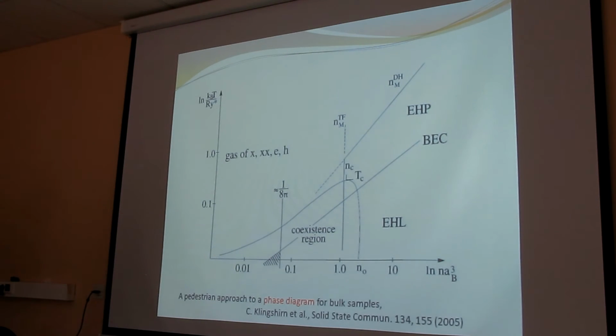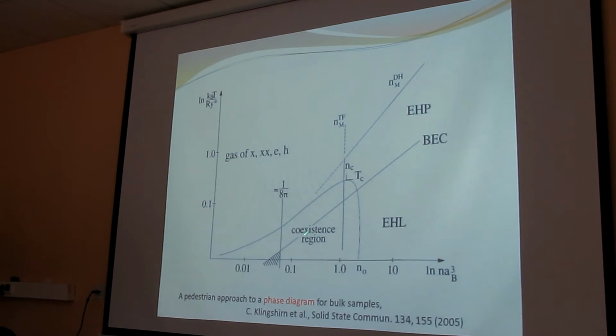And I'm not a theoretician, I'm a pedestrian experimental physicist, and I try to understand why. And this was an idea. This is a function of the density, normalized temperature, what happens in the electron hole pair system. Of course, we can produce excitons at low density, this is fine, but there we do not expect a Bose-Einstein condensation.